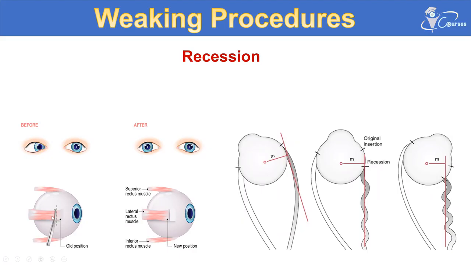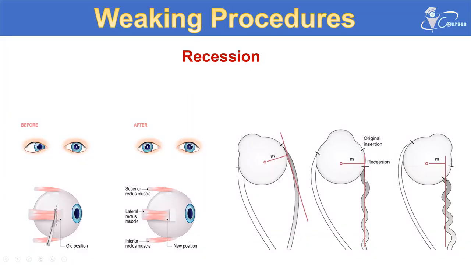We just remove the muscle from its original insertion and recede it backward, reinserting the muscle backward like that. So we are disinserting the muscle from the old position and suturing it a few millimeters posteriorly. This will result in weakening of the muscle action. Assume that this is the original muscle and this is the original insertion.